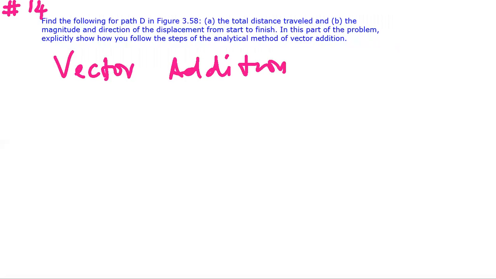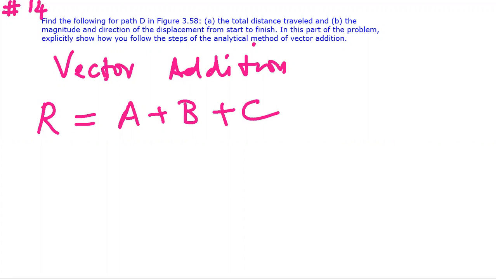So, what are the analytical steps of vector addition? Let's say you have a vector R, which is equal to 3 vectors A plus B plus C. So how do you go about adding these 3 vectors?